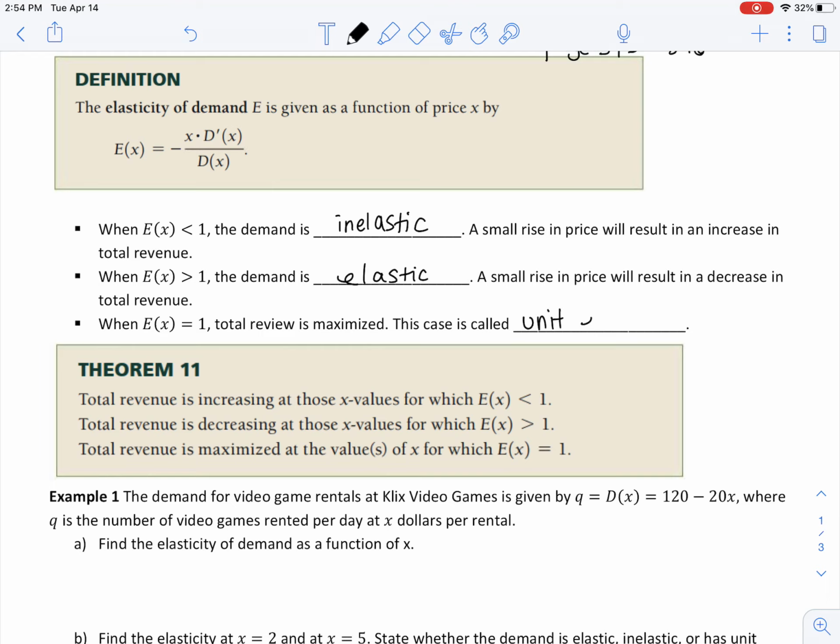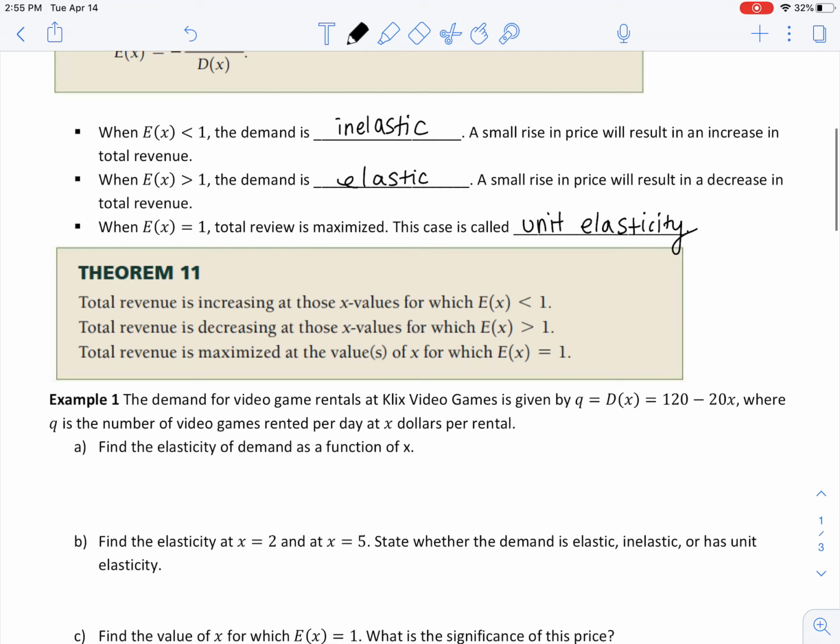And in this case, we call this case the unit elasticity. Okay? So sometimes we will be asked to find when this will happen. We're going to have to just solve it backward and find the x value that will make the elasticity be 1. And we'll be able to do that.